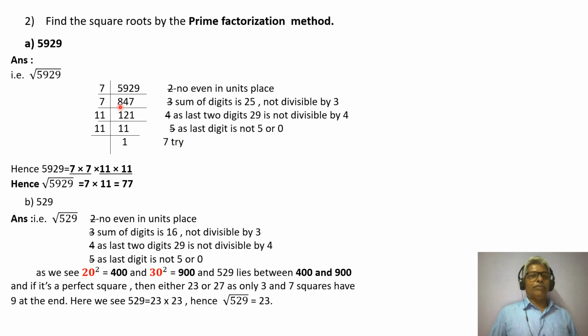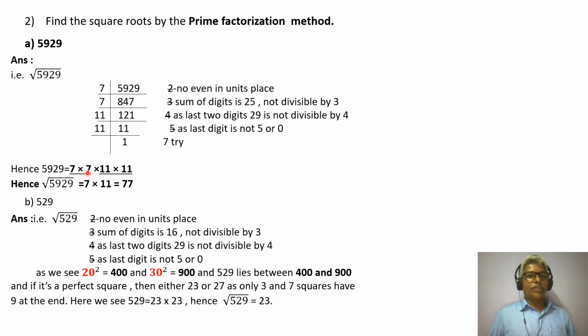So try 7, and it is successful. 5929 divided by 7 is 847, again divided by 7 is 121, and we know this is the very famous square of 11. So the factors of 5929 are 7 into 7 into 11 into 11.